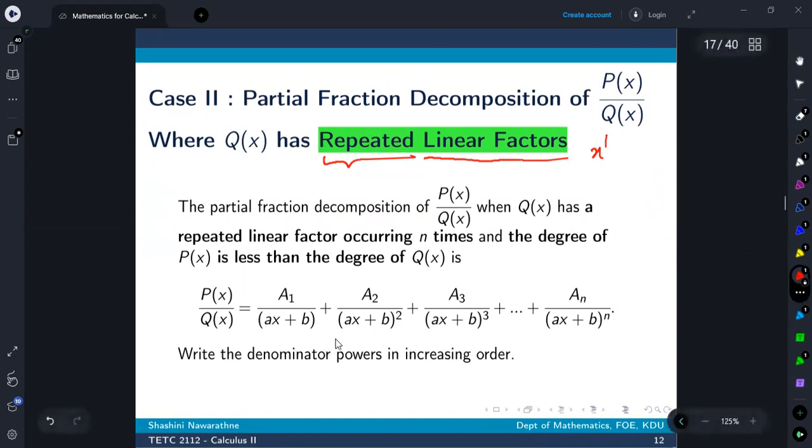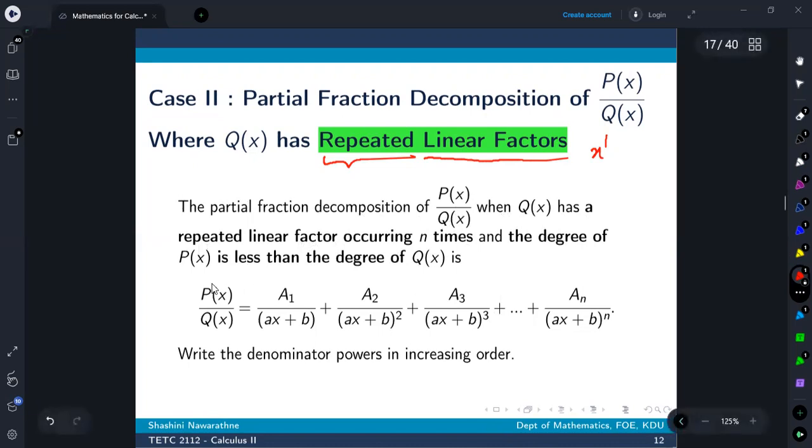So here, let's see how to write the formula. Here the expression is the partial fraction decomposition of px over qx when qx has a repeated linear factor occurring n times and the degree of px is less than the degree of qx.